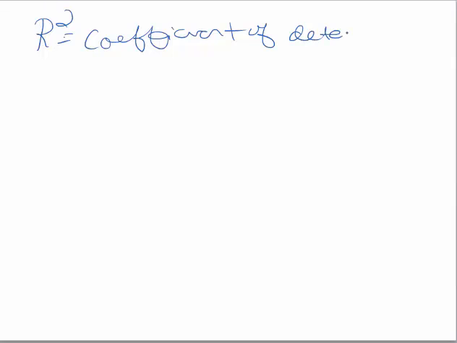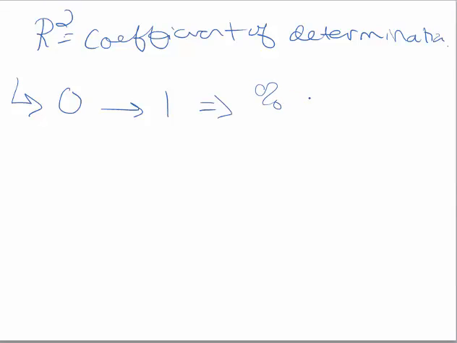So R-squared is equal to the coefficient of determination. And essentially it is something that ranges from 0 to 1 that we ultimately express as a percentage of good model fit.